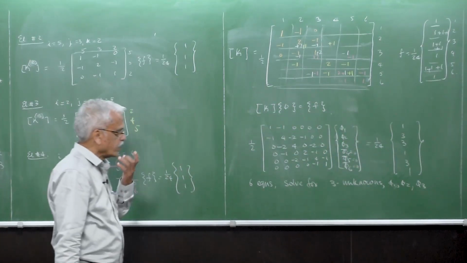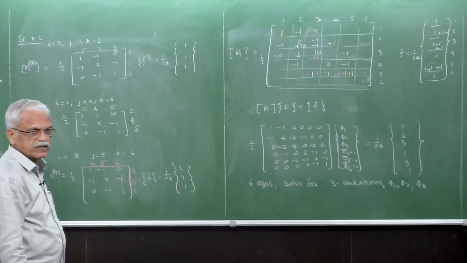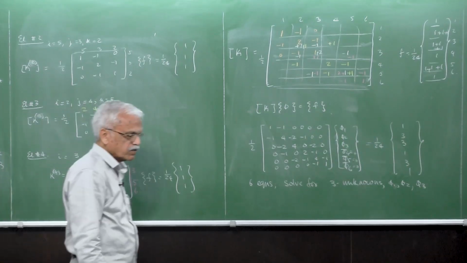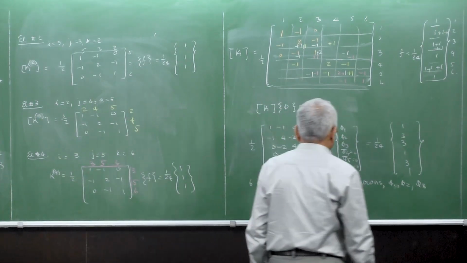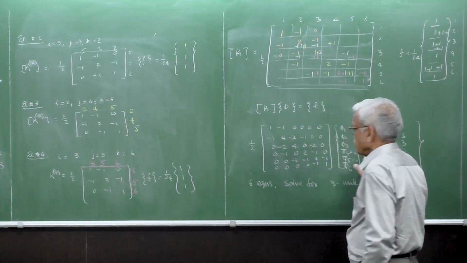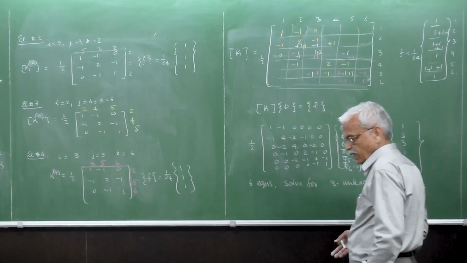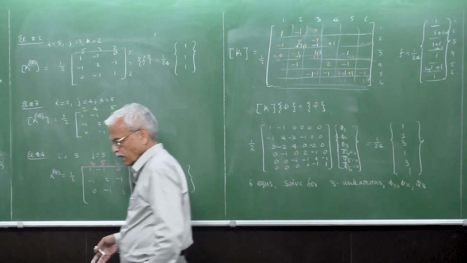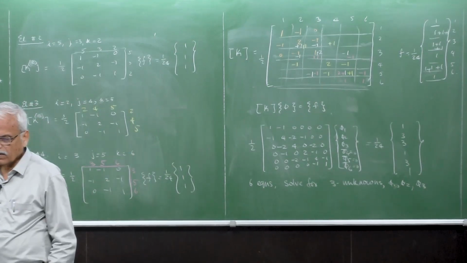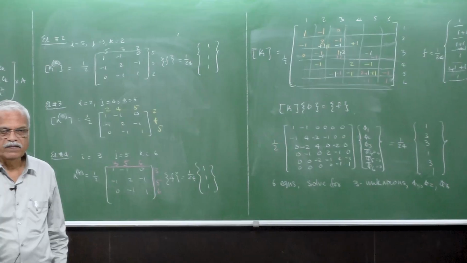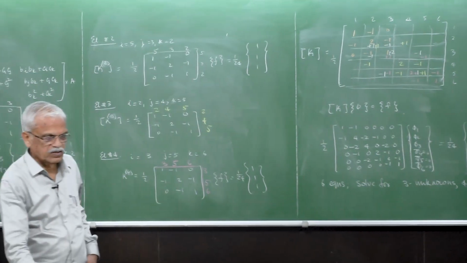So the question now is that you can choose any 3 equations and solve for the 3 unknowns, right? But however, you cannot really take any 3 equations. There are some constraints in this one.